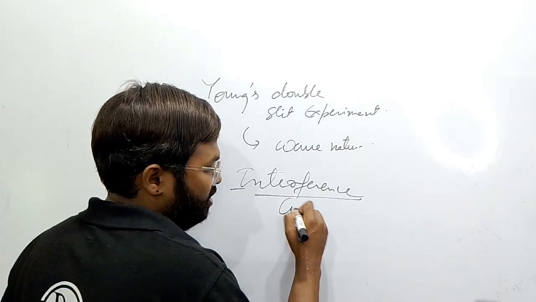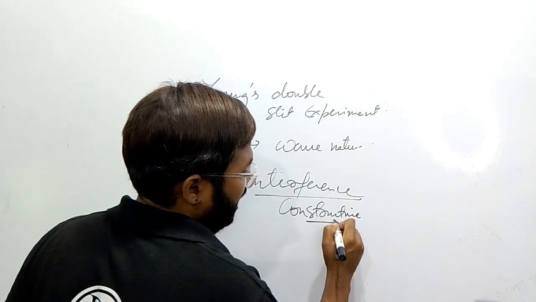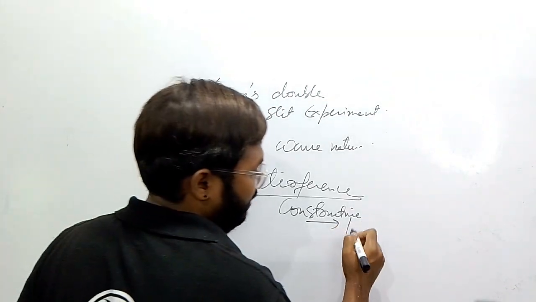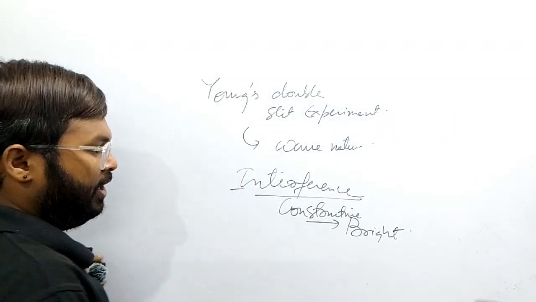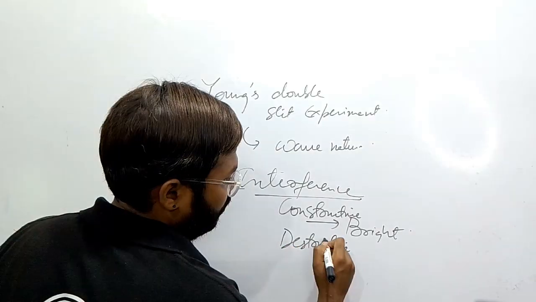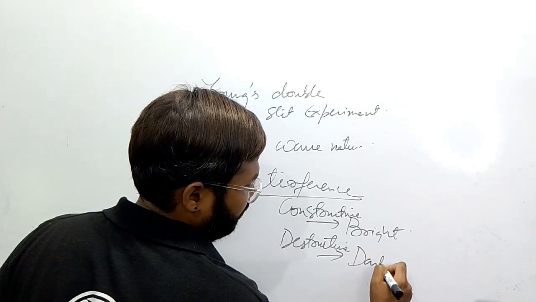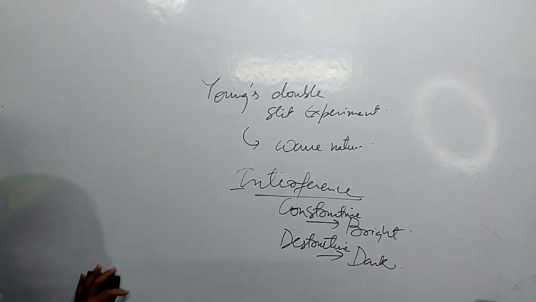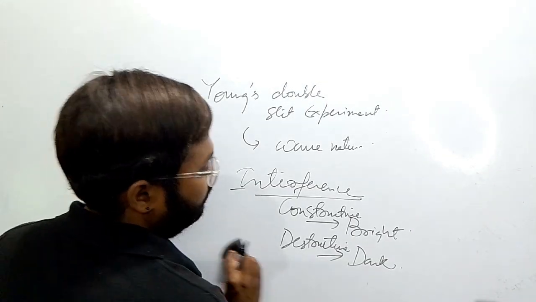If it is constructive interference, then we'll have a bright fringe, and if it is destructive, we will have a dark fringe. Clear?